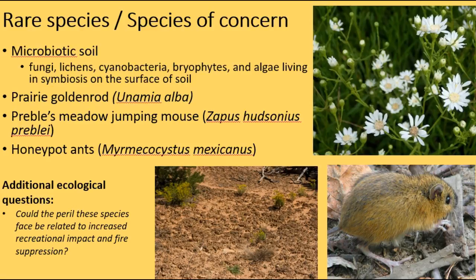It is very delicate, so we really don't see very much of it at all in the park these days. Then we have the prairie goldenrod, right here in the top right corner, another species of concern. The Preble's meadow jumping mouse in the bottom right corner, and then honeypot ants. We're actually going to talk about honeypot ants for the rest of the talk.